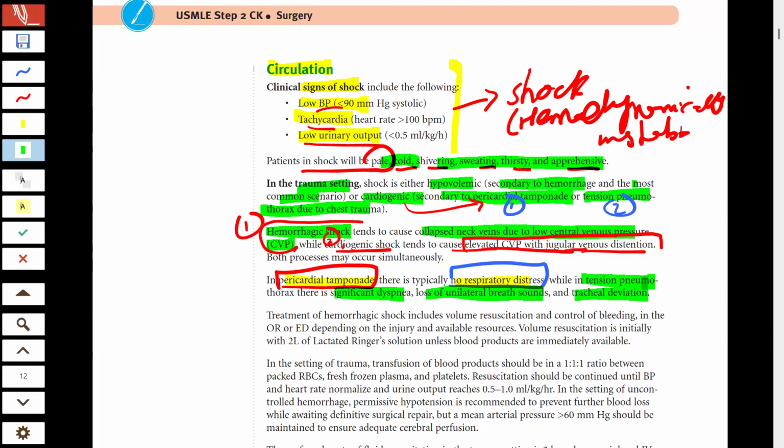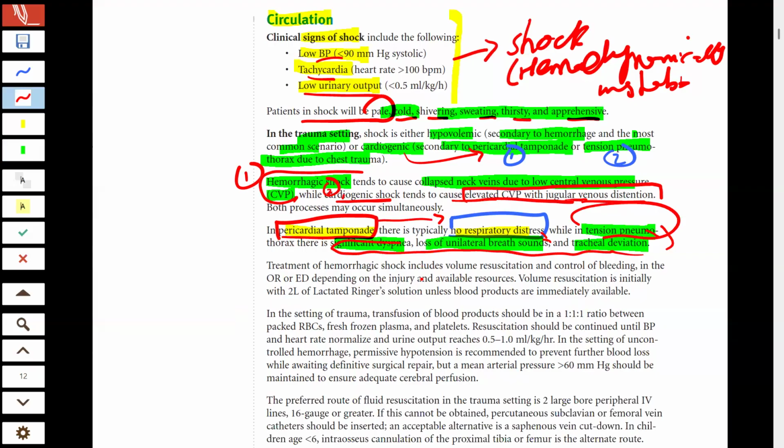If these features are present along with raised JVP, we will think it is tension pneumothorax. But in pericardial tamponade there is no respiratory distress. Does it make sense, doctor? Any question?